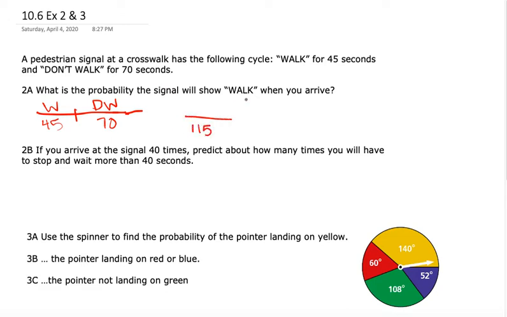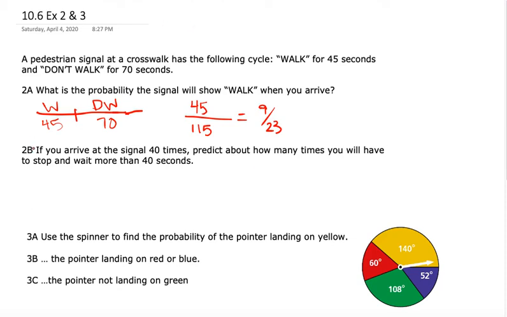And the probability that it will show walk, that's 45. So 45 over 115. That looks like it reduces to 9 over 23. And you can figure out the decimal of that if you'd like.